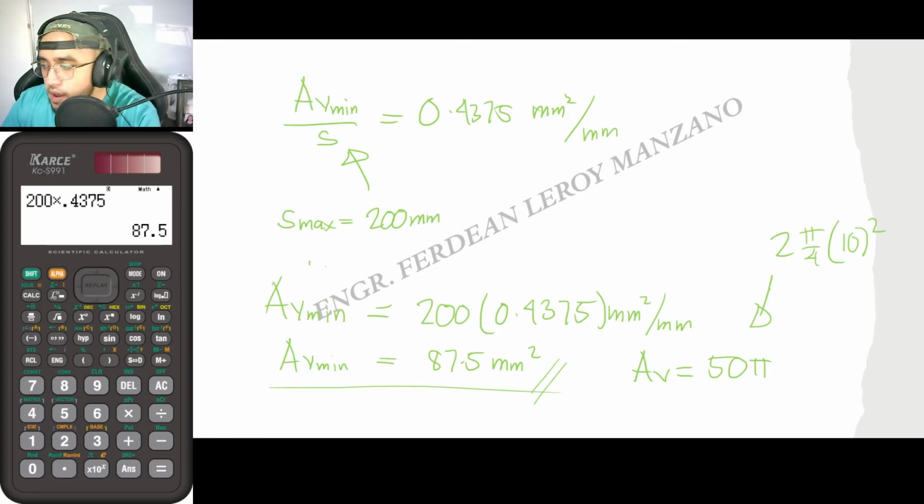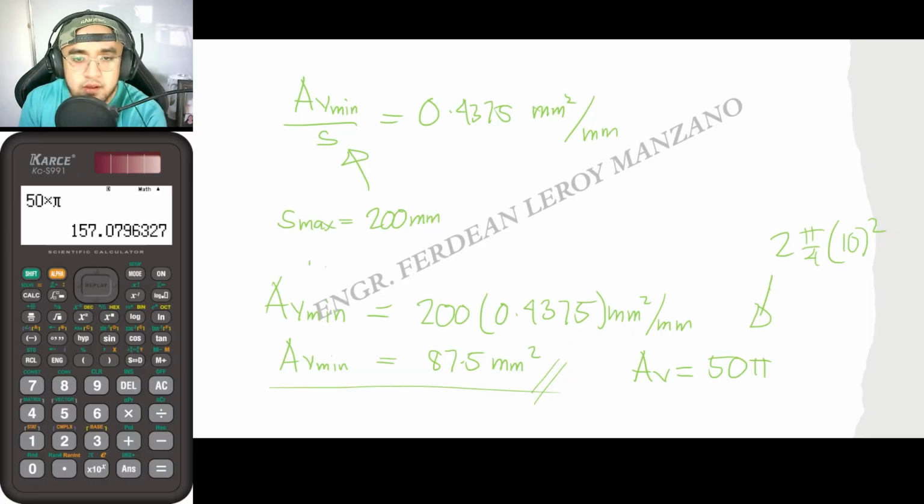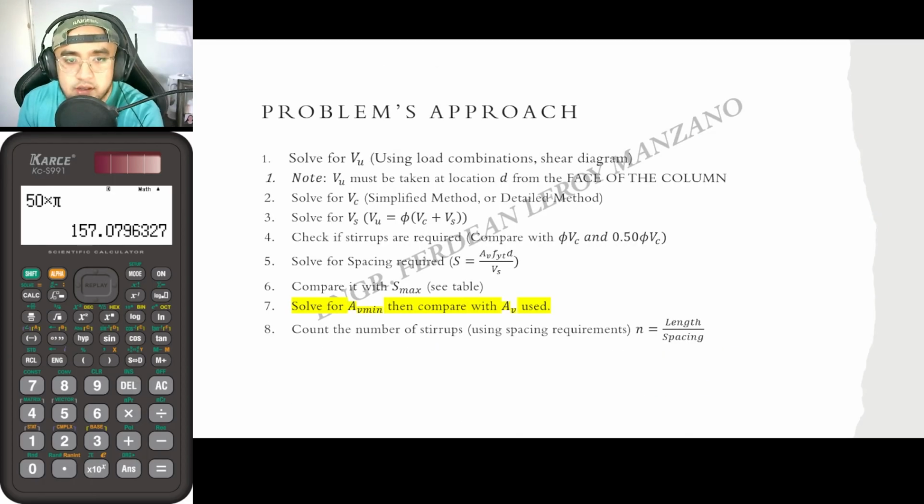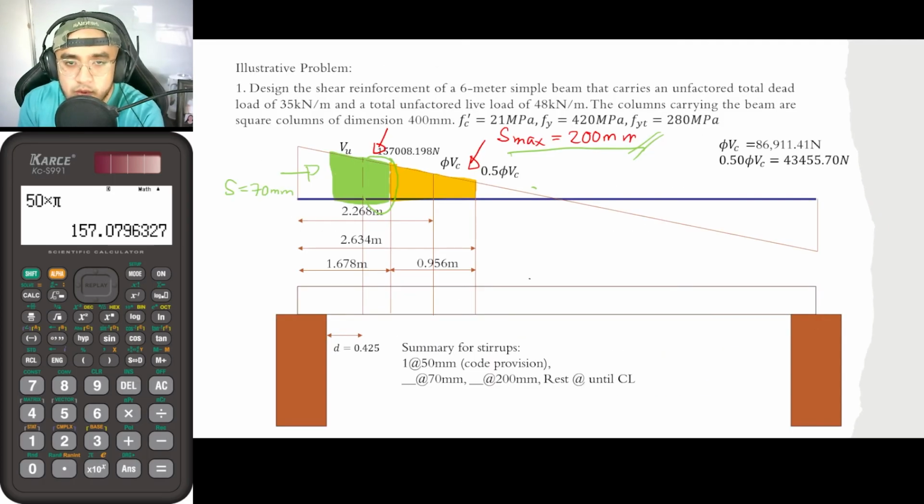So 50 pi, according to our calculator, so 50 times pi, this is equal to 157. So from that, guys, AV mean is now less than AV. So meaning, guys, our computation is adequate, meaning that the value for our AV is adequate. So goods po siya.